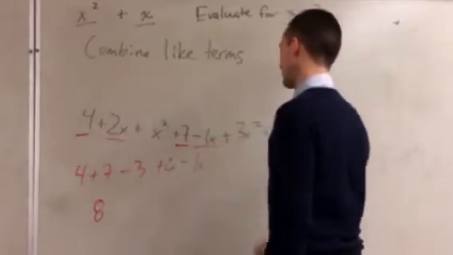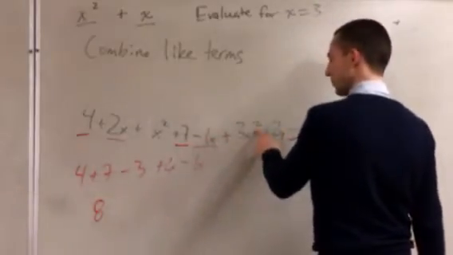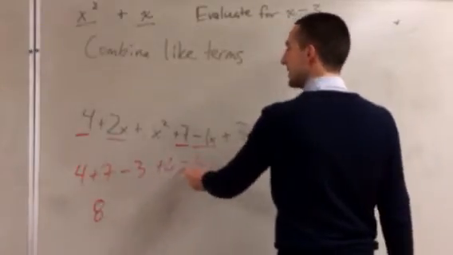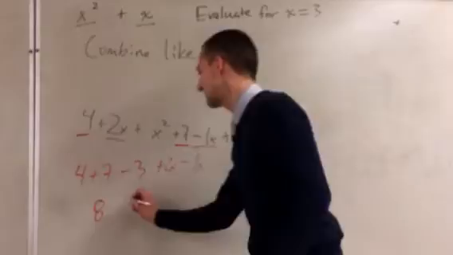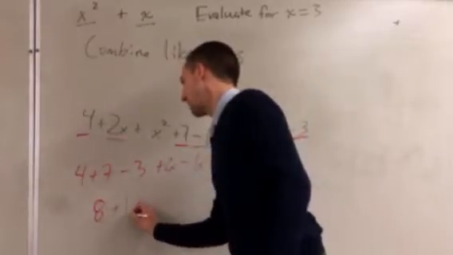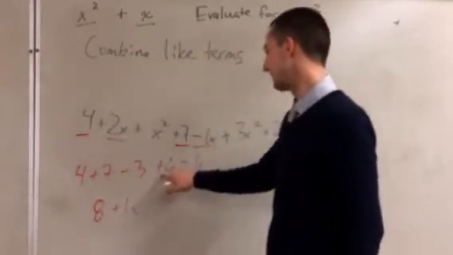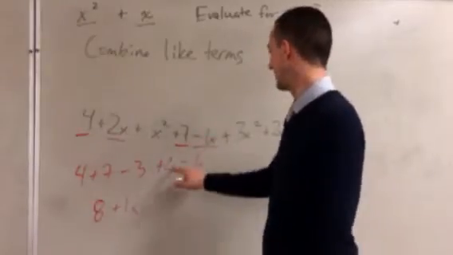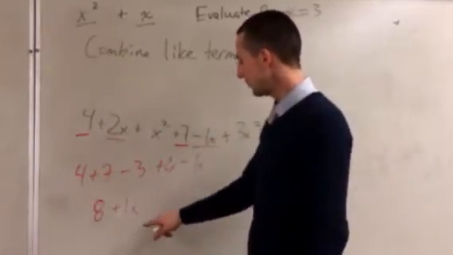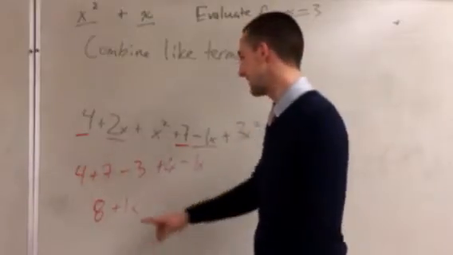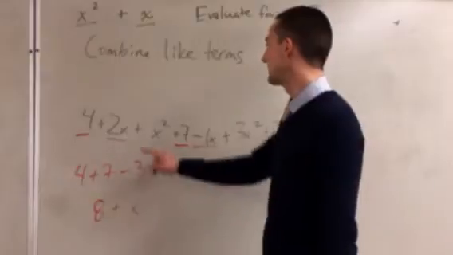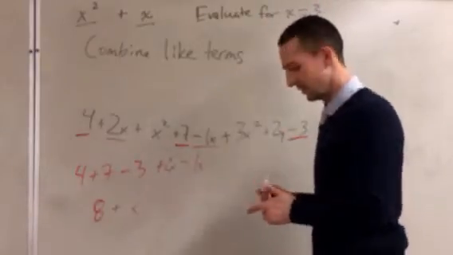Minus 1x, nope, because of the square, and nope, because that's a y. So now we have plus 2x minus 1x. So this is plus 1x, because you have positive 2 minus 1, that's positive 1, x. Now 1x, that's just the same as x. This is done. We're almost there.